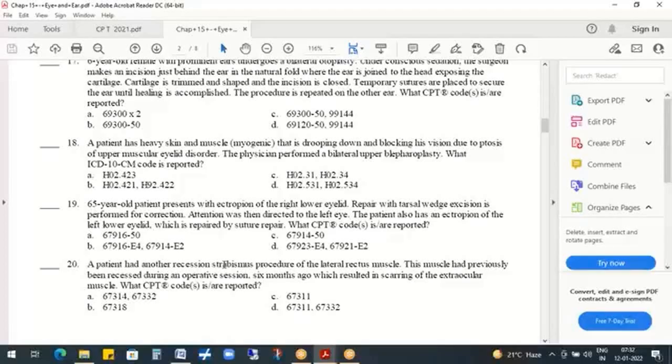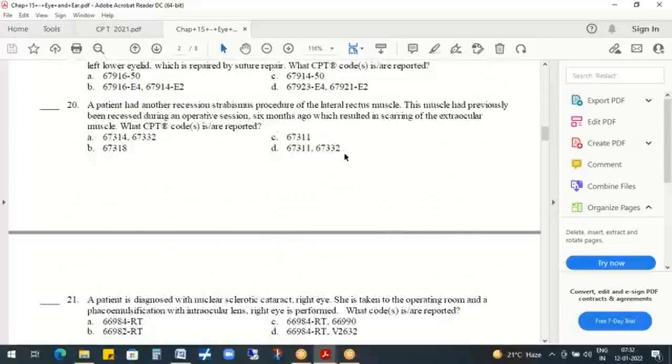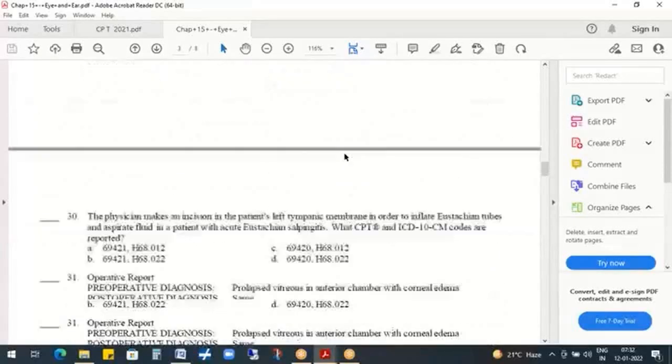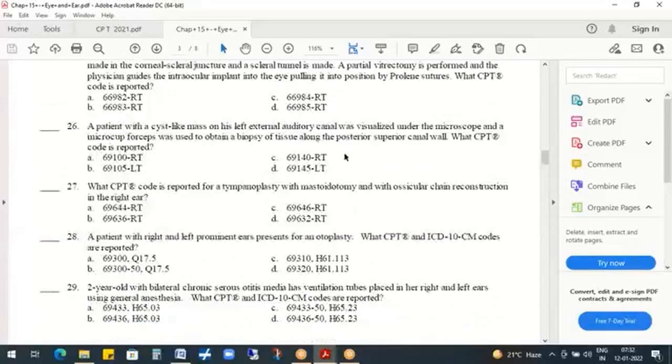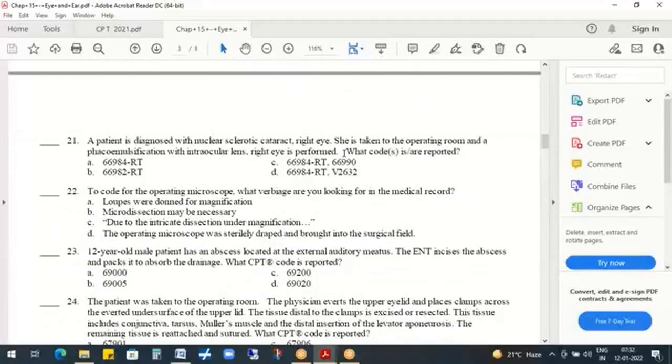Yes, sir. Any questions left in this paper that I need to discuss? Sir, 21. The answer is A, right? Yes. Sir, here my doubt is 66984 and 66982. The same procedure is performed.